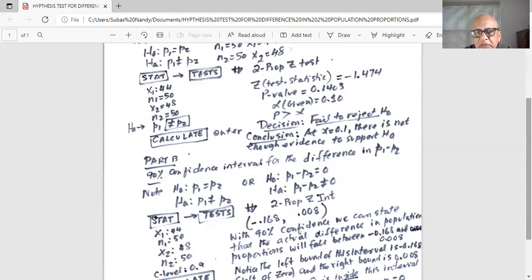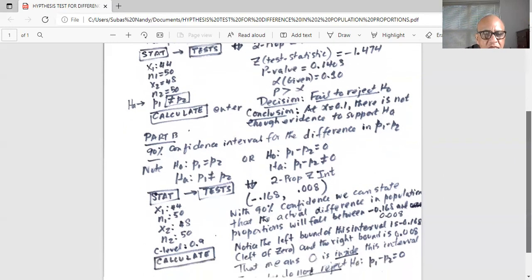If I subtract P2 from both sides in the null hypothesis and in the alternative hypothesis, I get: the null hypothesis is P1 minus P2 equal to 0, and the alternate is P1 minus P2 not equal to 0. So now we press the stat button, highlight test, and then we scroll down. This time we scroll down to 2-PropZInt, okay?